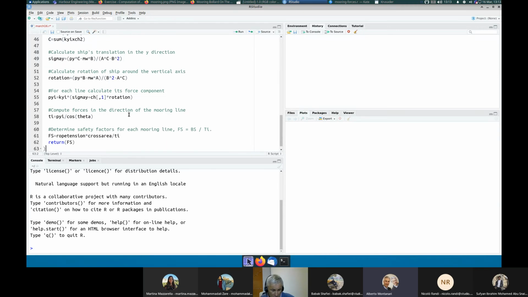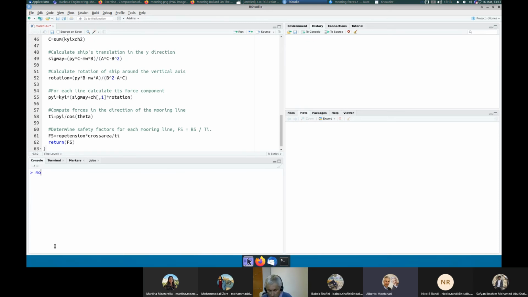Remember, I already uploaded the function in the console, but it was a previous version that stopped at the computation of the safety factor, and also this was not saved, so it's no longer there.